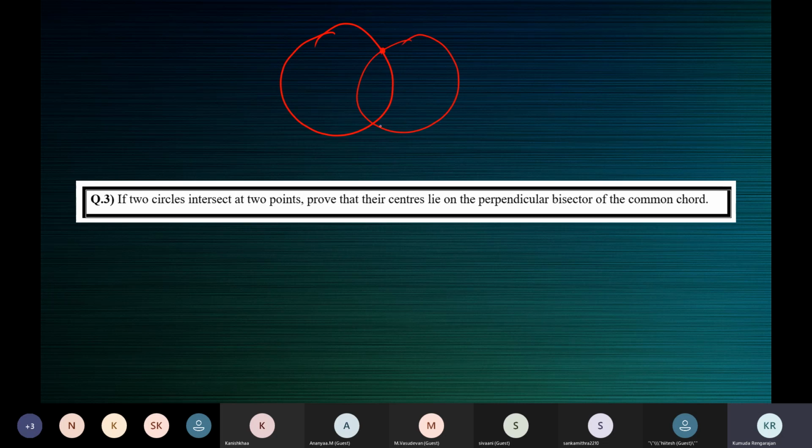Prove that their centers lie on the perpendicular bisector of the common chord. This is the common chord. When you join the points of intersection, that will be the common chord. Common chord means this is a chord to the first circle as well as the second circle. For the first circle, it's the chord here. For the second circle, it's the chord here.